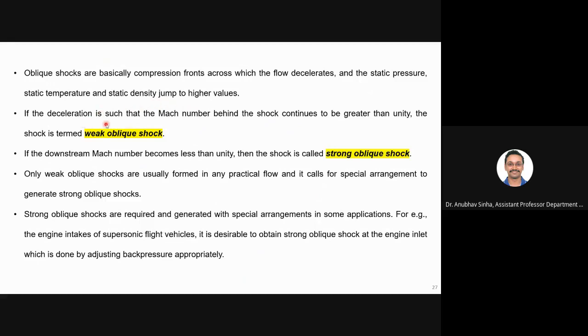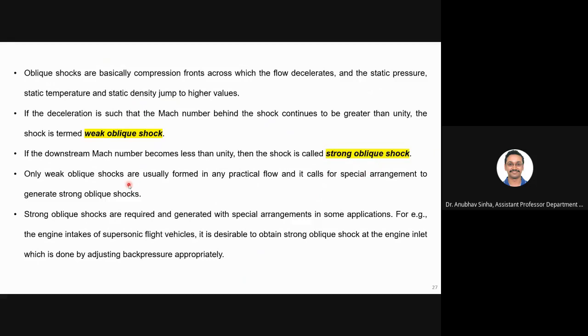Okay, now if the deceleration is such that behind your shock the Mach number is still more than unity, then it is called a weak shock, and if it is less than unity, then it becomes a strong shock.